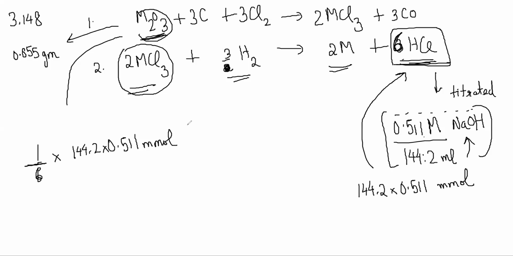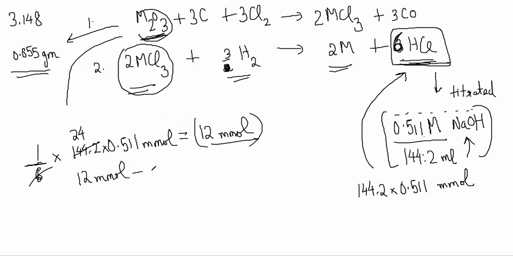So this becomes 24 almost. 144 divided by 6 is 24, and 24 into 0.511 is almost 12 millimole. I'm not doing it very exactly, but it doesn't matter. 12 millimole weighs 0.855 grams.